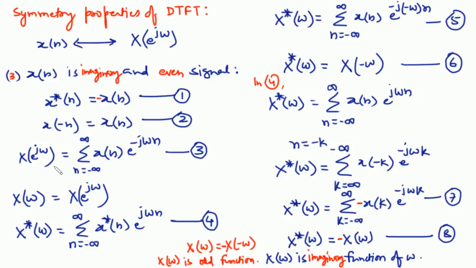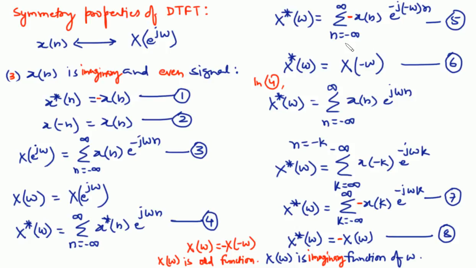We will take the complex conjugate of this expression. So in the right hand side we have the complex conjugate of x[n], and the complex conjugate of e to the power minus j omega n is e to the power plus j omega n. The complex conjugate of x[n] is replaced by minus x[n], and e to the power j omega n is e to the power minus j minus omega n.